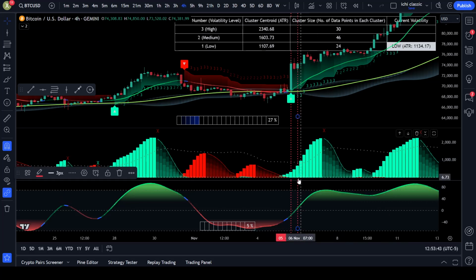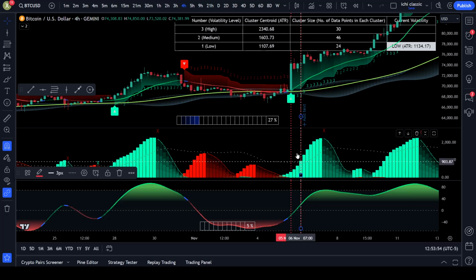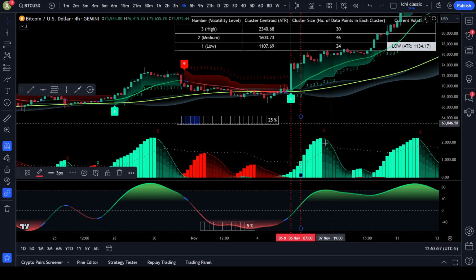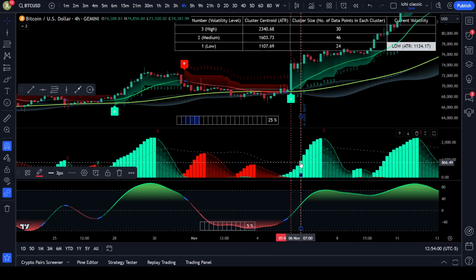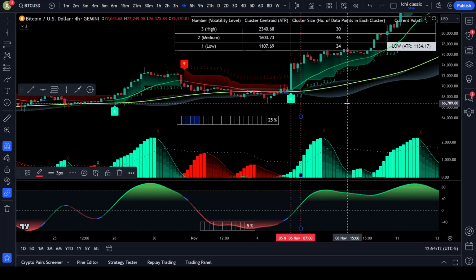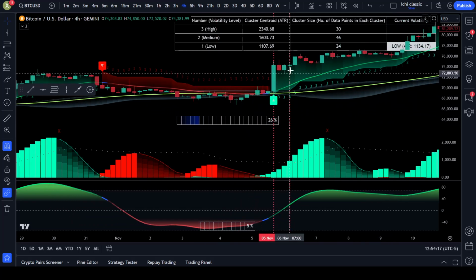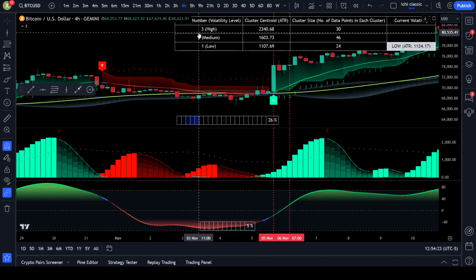So, and then here we can see that this particular candle, it's the third one from the signal, that it's still not above. So I would have to wait for the third candle to close. In this situation, you see that it's a light green, it's above signal line. Here it's above 0. And the most important, this thing here is 3. So below this candle, we see number 3, which indicates the highest volatility.